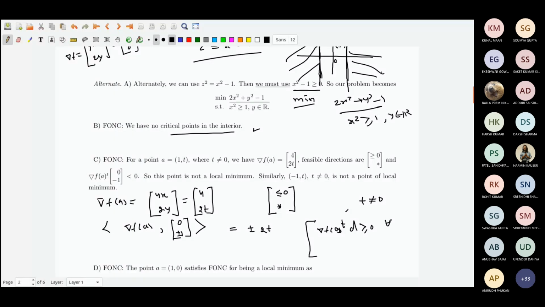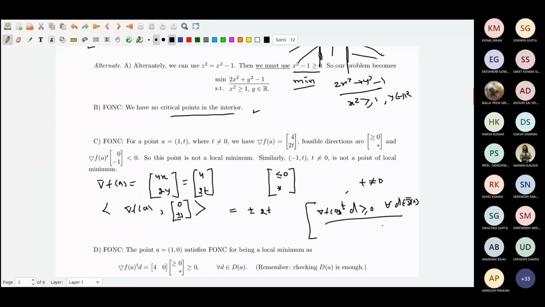It is necessary that this should be satisfied if the point A is a point of minimum. That is the theorem. Now when I am going to check it, I am actually going to check it for only D(A).